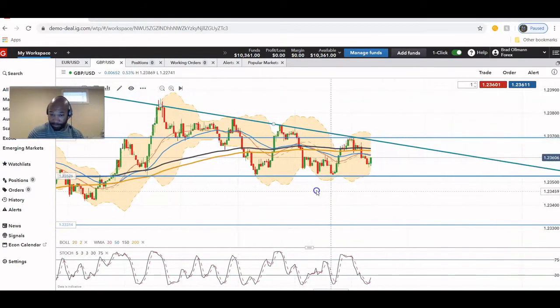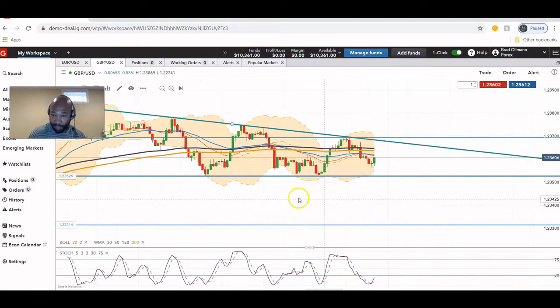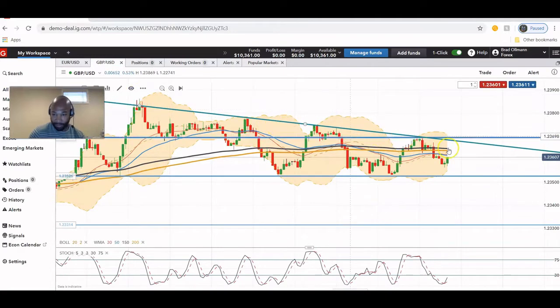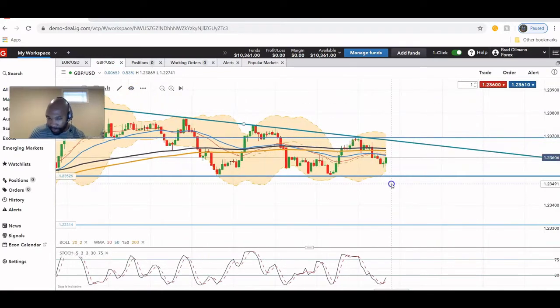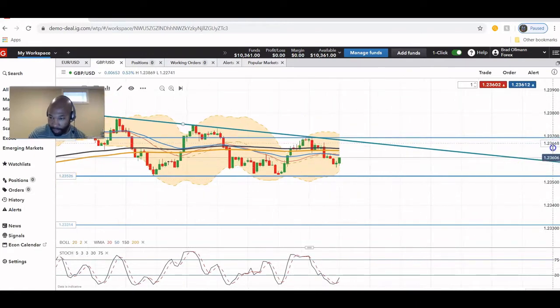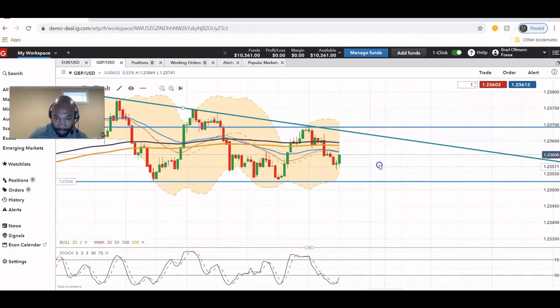Now, I have certain rules when it comes to entering a trade. See this? There's a chance it might go up. I'm thinking it might just go down, but I don't know yet. Right now, price action is in, stochastic is in oversold, and something I look for is to draw a line.